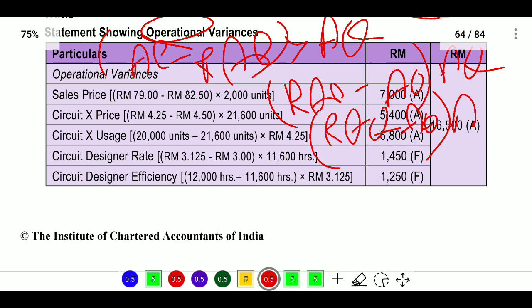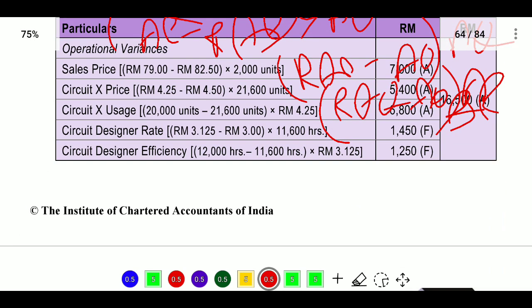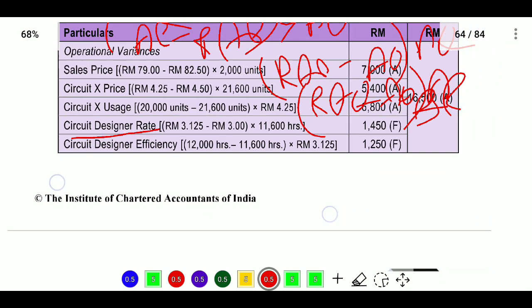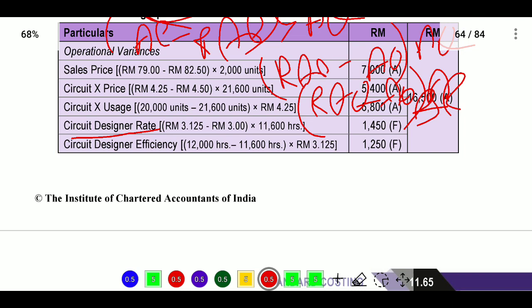Which price will we take? Standard price, revised standard price. Next, circuit designer rate. Rate means revised budget price minus actual budget price into quantity.